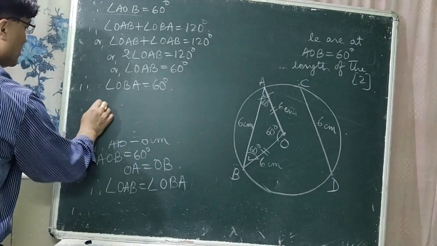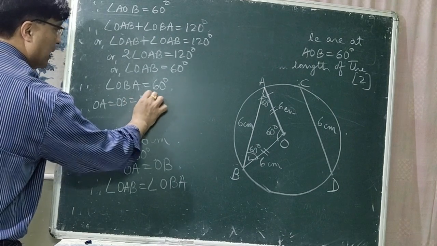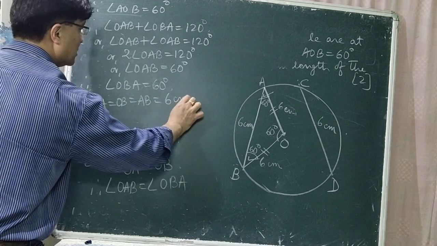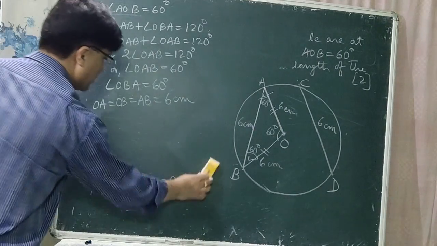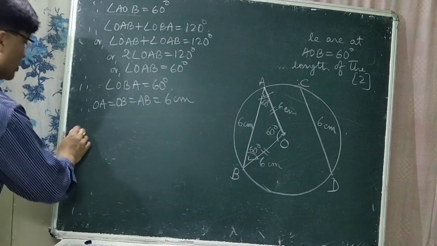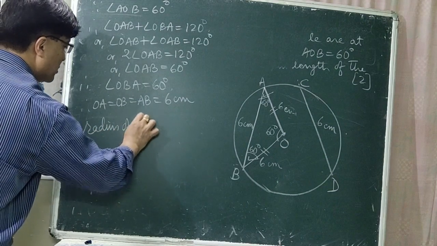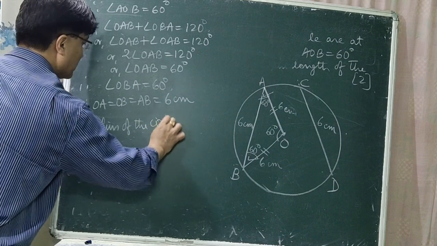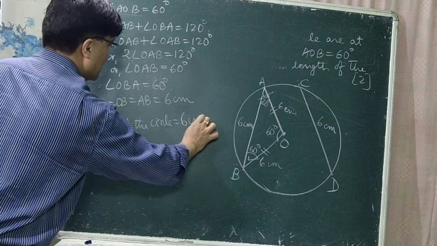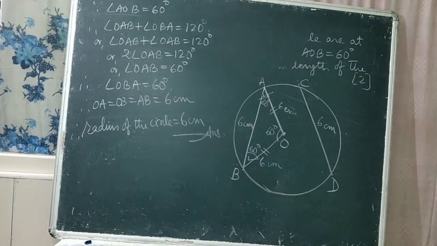That is, OA is equal to OB is equal to AB, which is 6 centimeter. So you have to calculate the length of the radius of the circle, isn't it? So therefore, what is the radius of the circle now? It is 6 centimeter. So this is your answer.